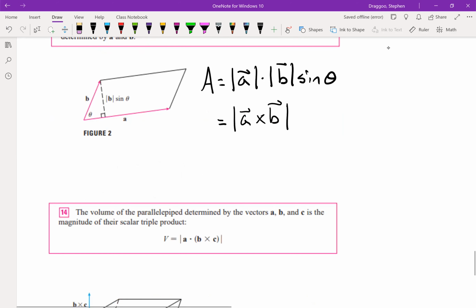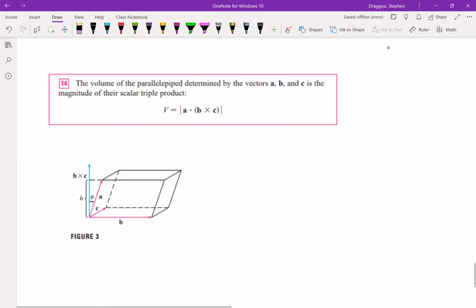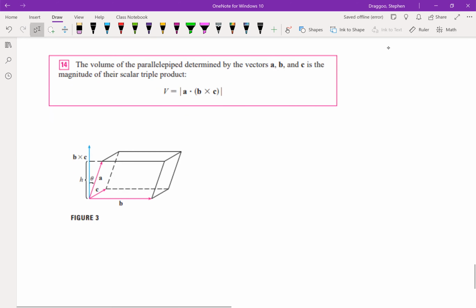And then let's also take a look at the volume of the parallelepiped determined by the vectors A, B, and C, arranged as below. So we can see with these three vectors, we can construct a parallelogram between any two of them to come up with the general shape of this parallelepiped 3D object.